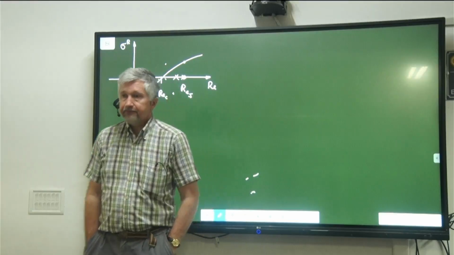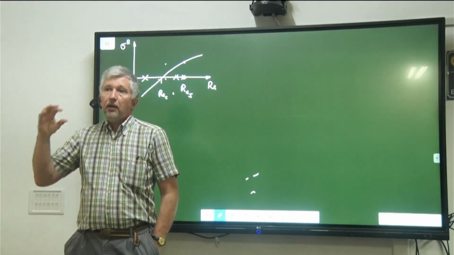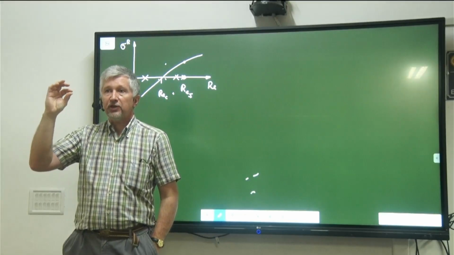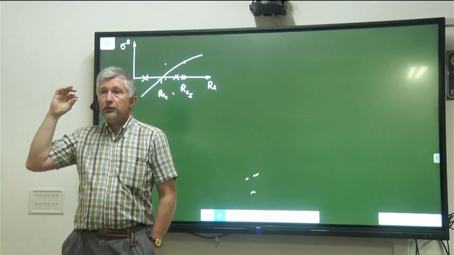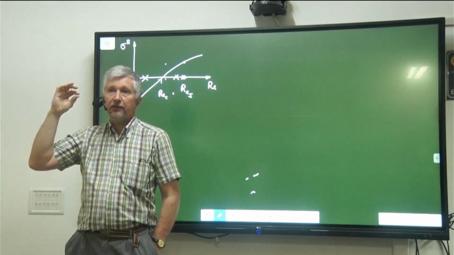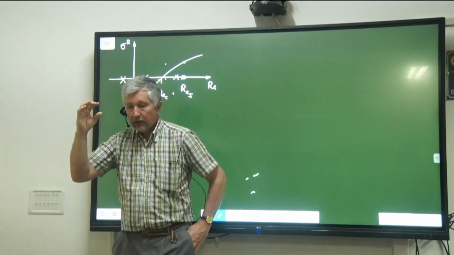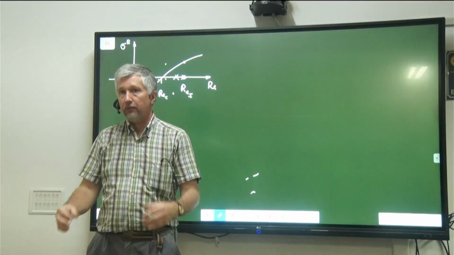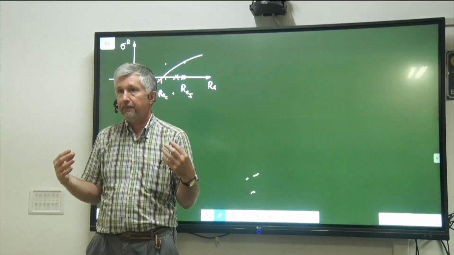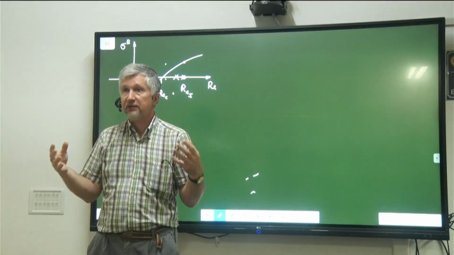Second thing, at the bifurcation point and before the bifurcation, you have the solution which consists only of base flow. There's nothing else there, right? So nothing else is there. That's by definition.